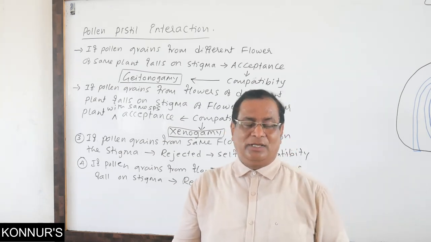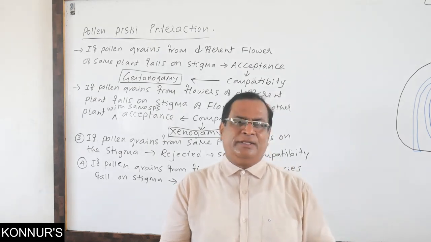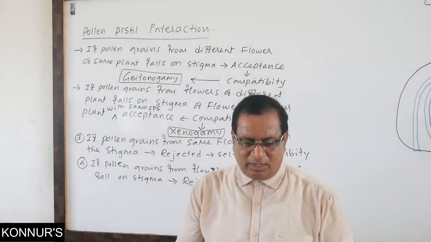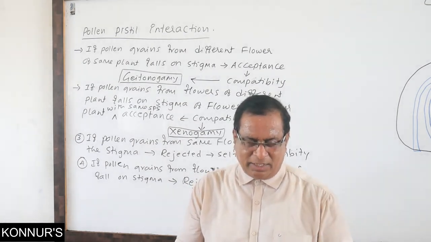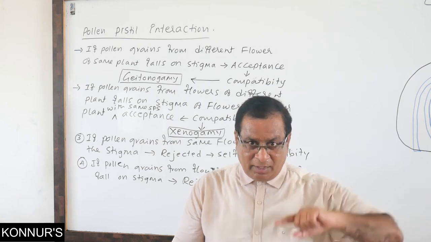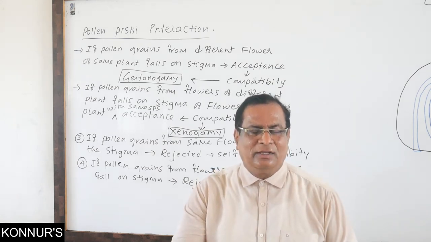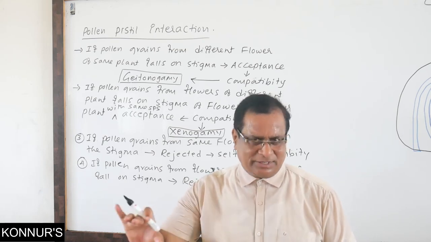During their interaction, there will be a chemical secretion by the pollen grain. By that it identifies, is it from the same flower? Is it from a flower of a different species? During these two conditions, that pollen grain is rejected.